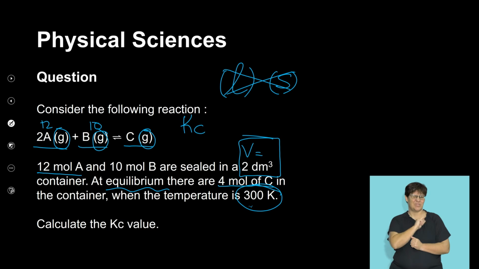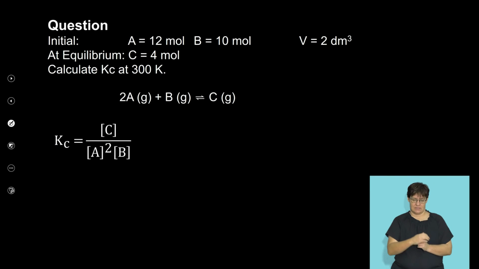Why do they talk about the temperature there? Remember, Kc is only affected by temperature. So they need to tell us at what temperature this specific experiment is done. So the question there is, work out or calculate Kc.